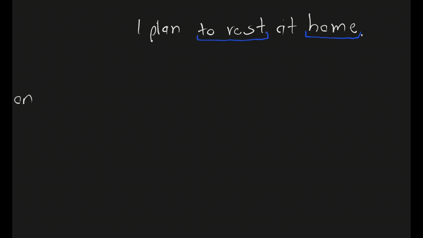To rest, we haven't seen that one in this video yet. And then I plan to. So I plan to is going to be the yote ending. So how would you translate this? Well, let's first go home, ie, and to rest, yasumu.